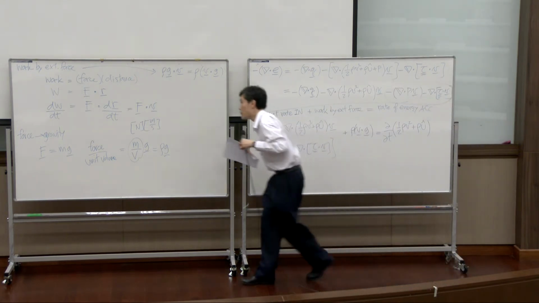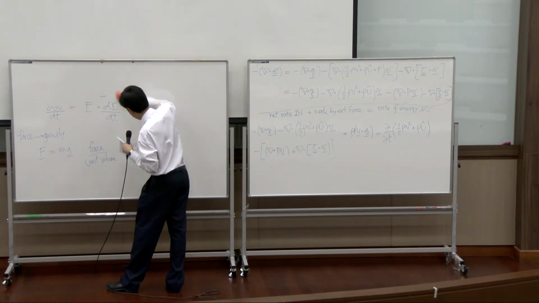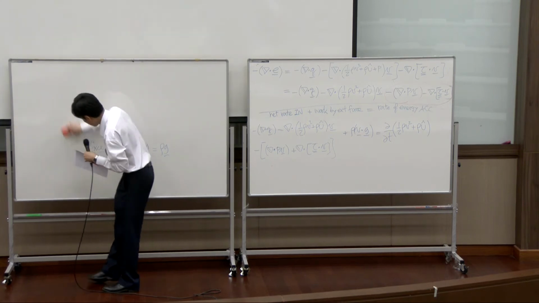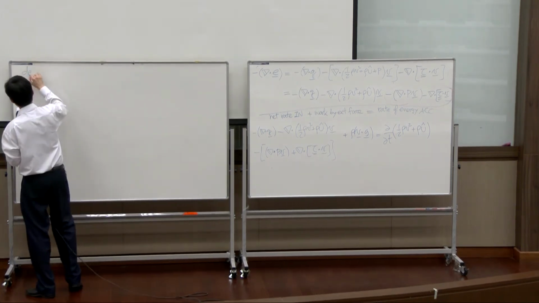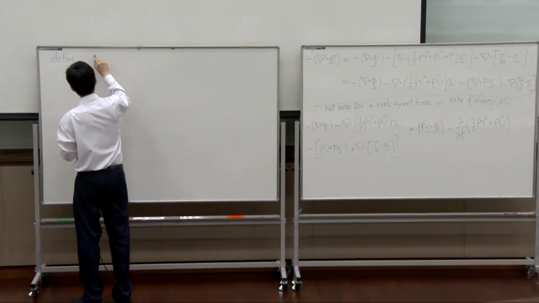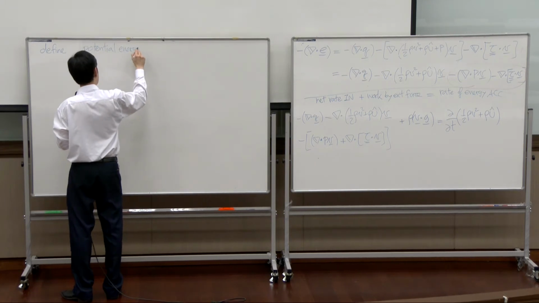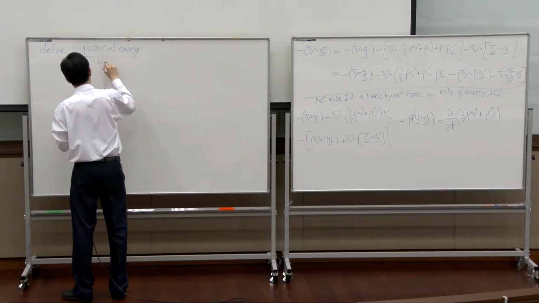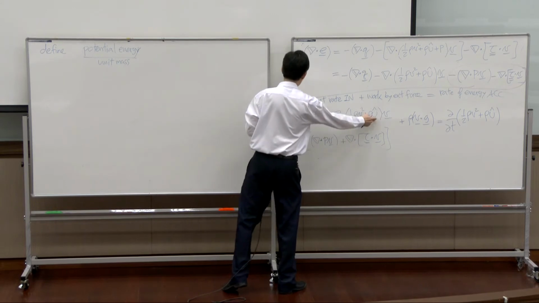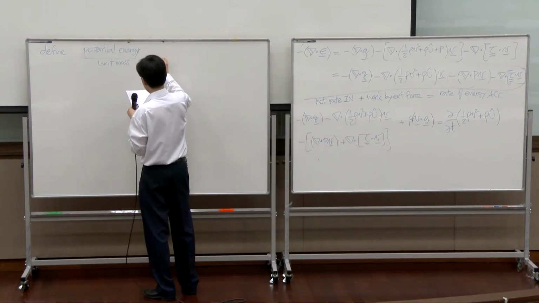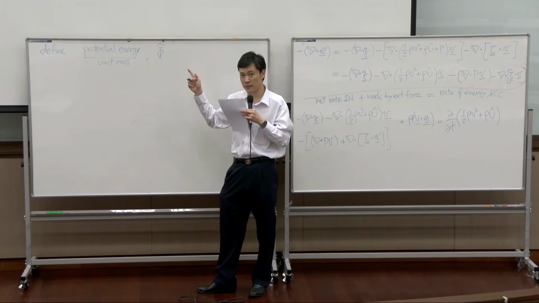Now, if I define potential energy per unit mass in the same manner as internal energy per unit mass you had over here, if I say this one is phi with a hat, the hat itself represents per unit mass.